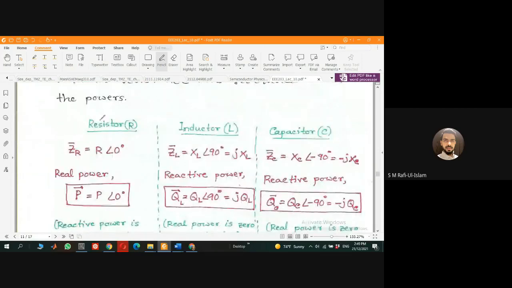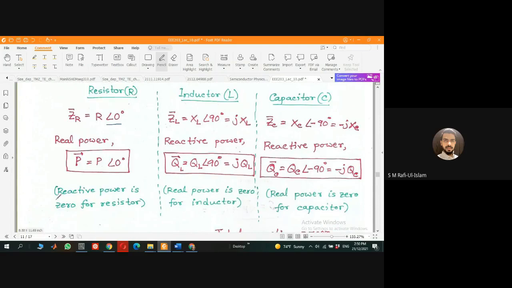For example, if I have a resistor, a resistor doesn't have a phase difference, so it will draw only real power, and the formula is P equal to VI, since cos theta equals 1. So reactive power is 0. Why is reactive power 0? The phase angle is 0.